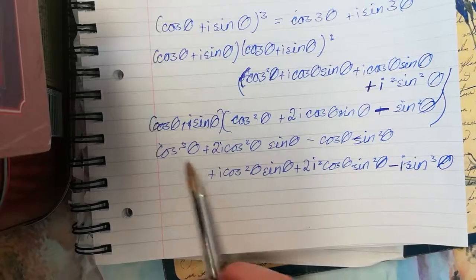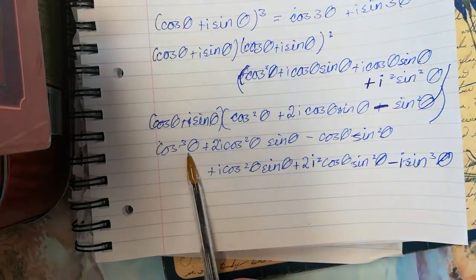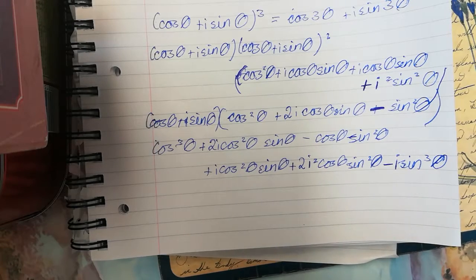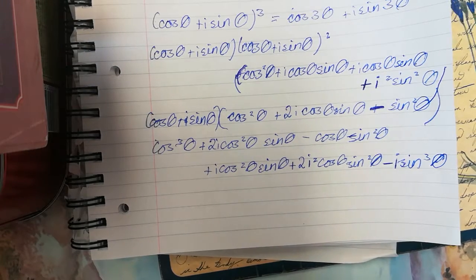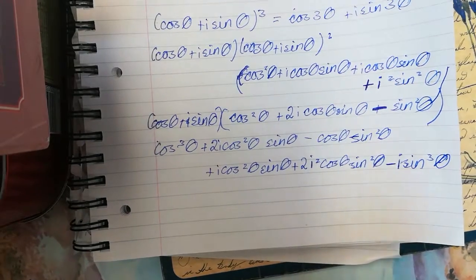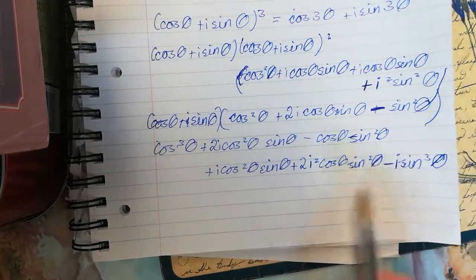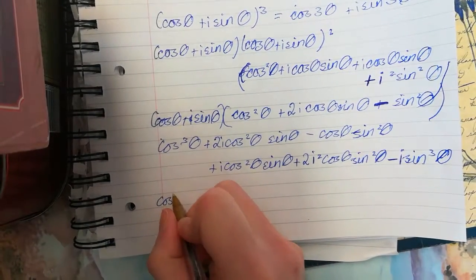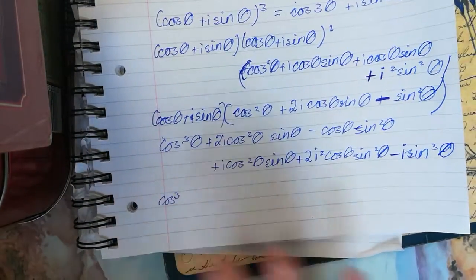So we have cos²θ. Is there anything we can cancel out? Do we have any i squared? I have to deal with that i squared. I'm going to keep the things without the i together.